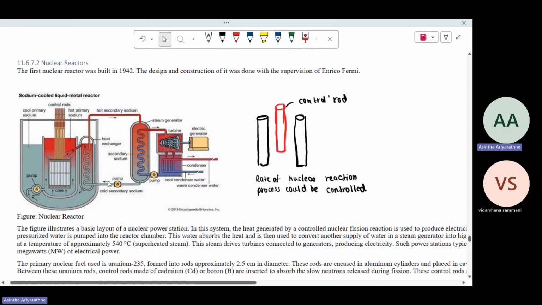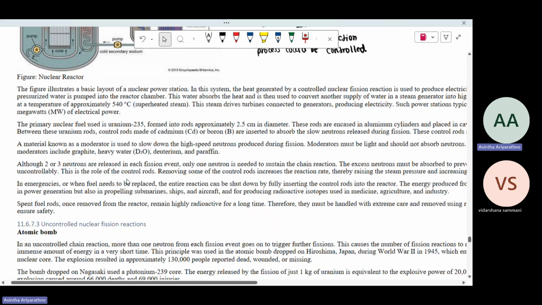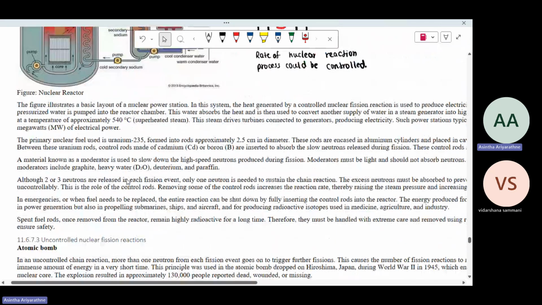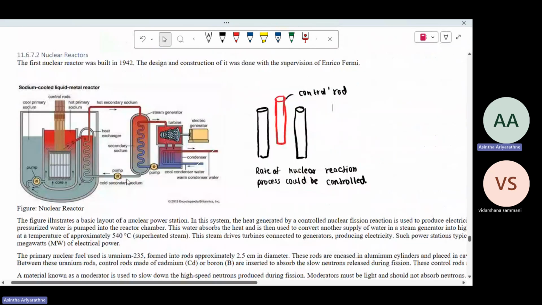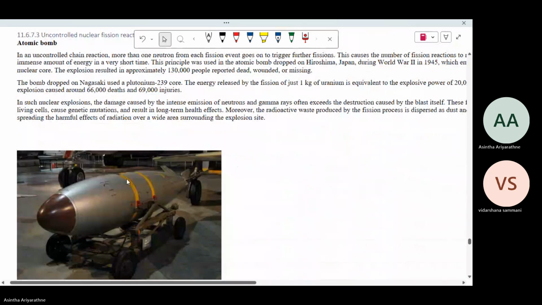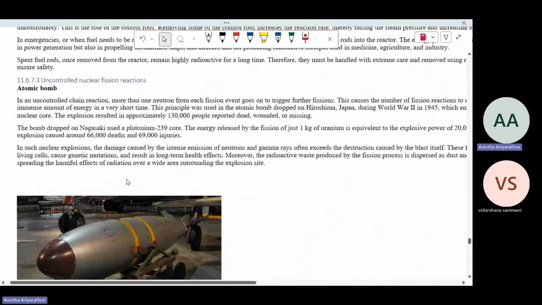So the nuclear reaction process happens here inside this chamber. And using the control rods, the rate of nuclear reaction process could be controlled as well. That's a good thing about this nuclear reaction. The bad thing is the atomic bomb, an uncontrolled nuclear fission reaction.